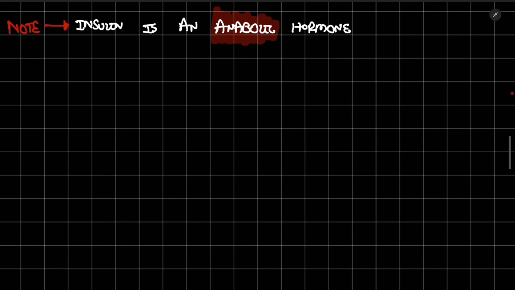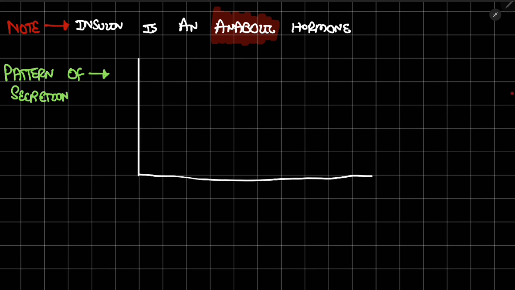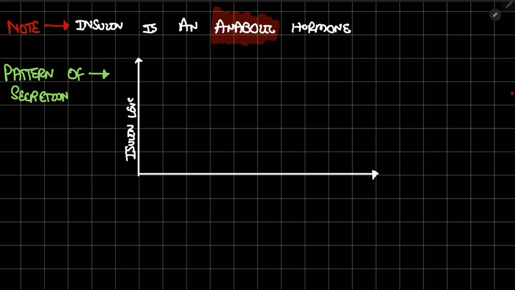Now the pattern of secretion is very important for the insulin in our body. So we will draw a graph. The y-axis shows the insulin level, and the x-axis shows the time period.